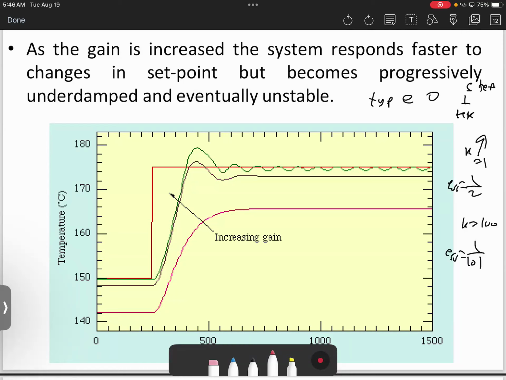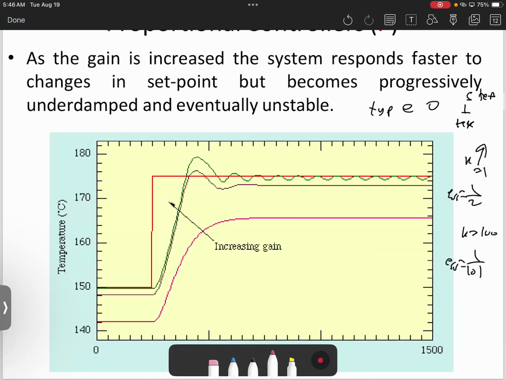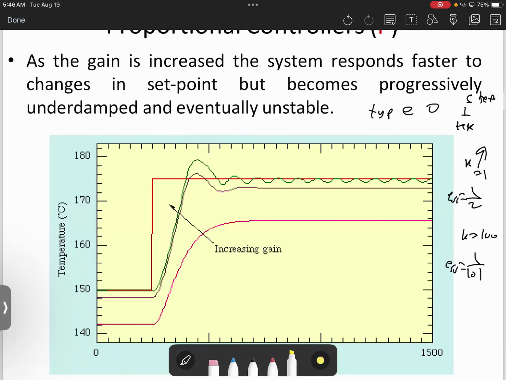Therefore, as the gain increases, it will be faster, but eventually it will be unstable. Therefore, I would say the PID controller might not be a good option. It can be fine if the steady state error is okay with you.